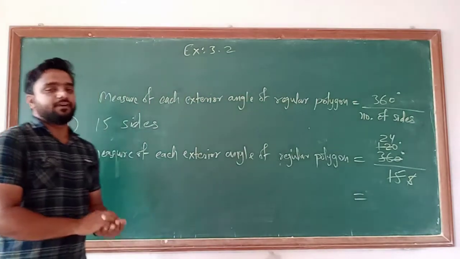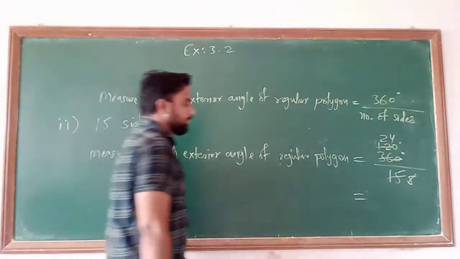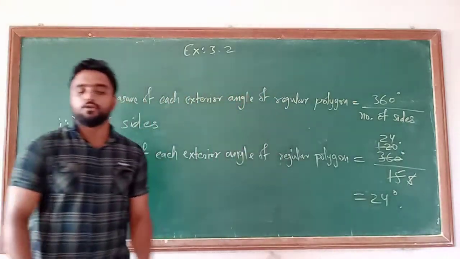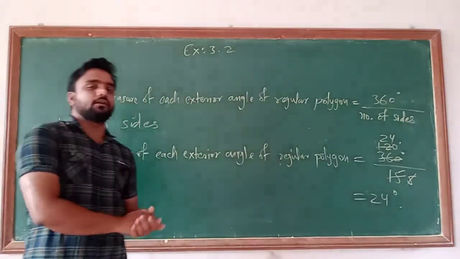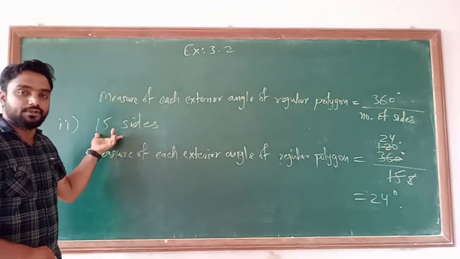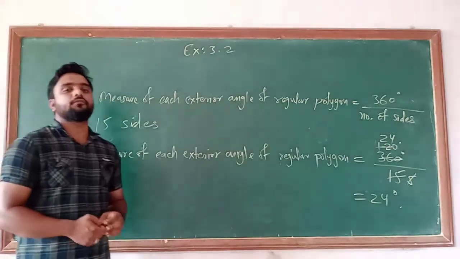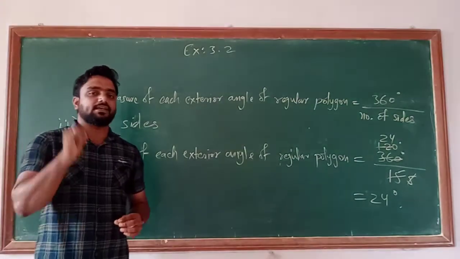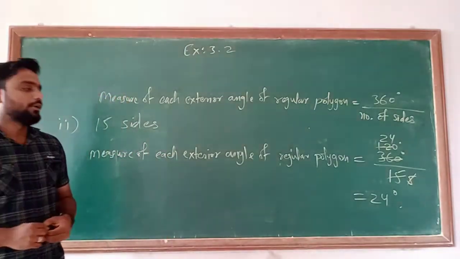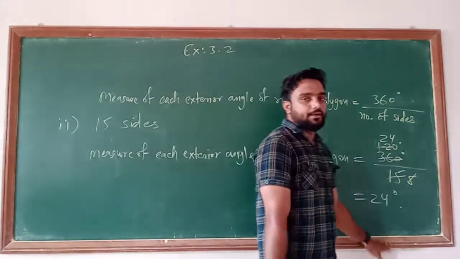So the final answer is 24. Understand or not? So the measure of each exterior angle of a regular polygon whose number of sides is 15 is 24 degree. Understand or not?